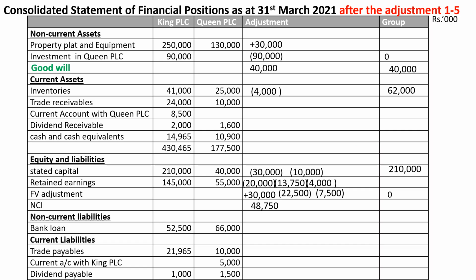Now we remove this unrealized profit from the property, plant and equipment. So the new balance will be 409,750. Then the King's share we have to remove from the retained earnings, that is 187.50.